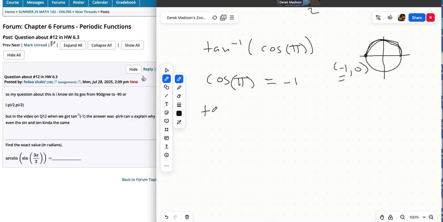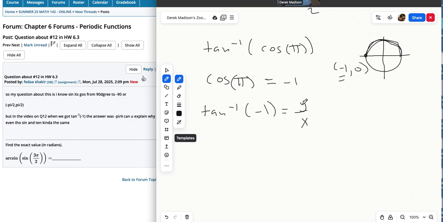And this is where I think you're saying it comes out to where we're evaluating the same thing, some function at -1. But what angle makes tangent -1 and what angle makes sine -1 are not the same angle. So remember that tangent is y over x. So the only way for this to come out to -1 is if x and y are the same value but with opposite signs.